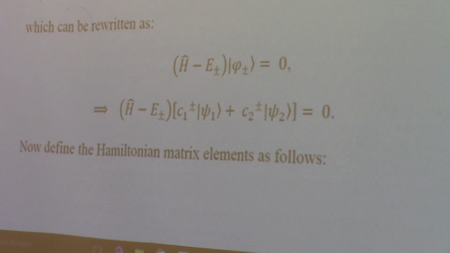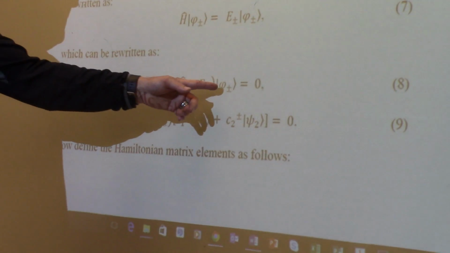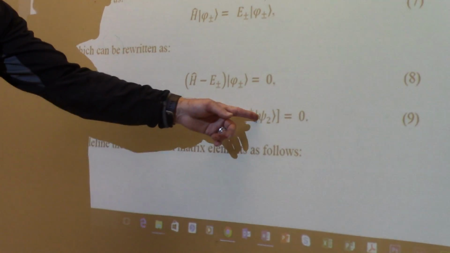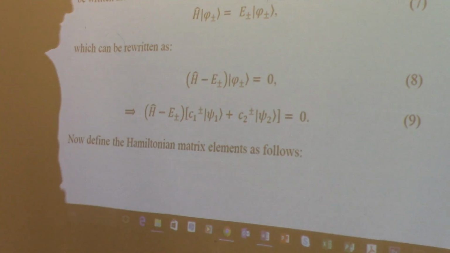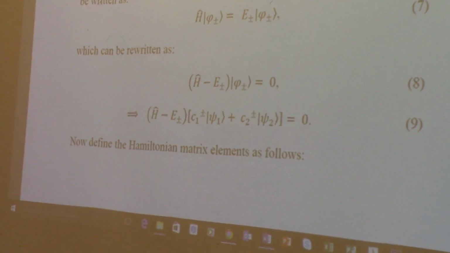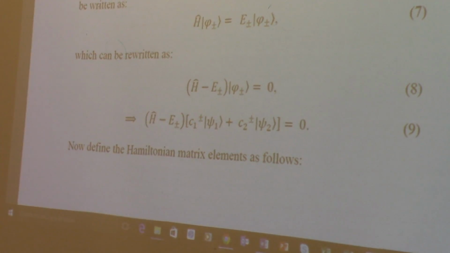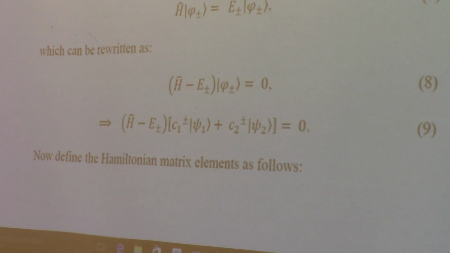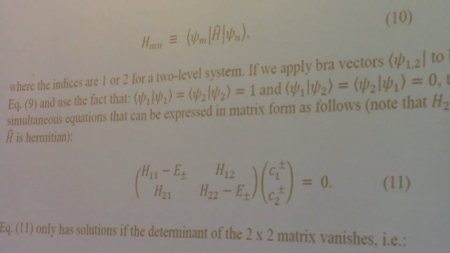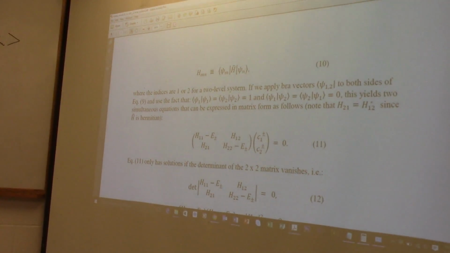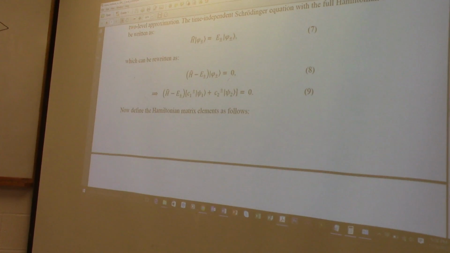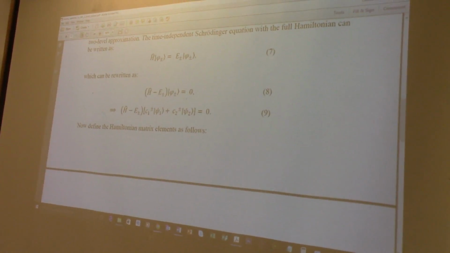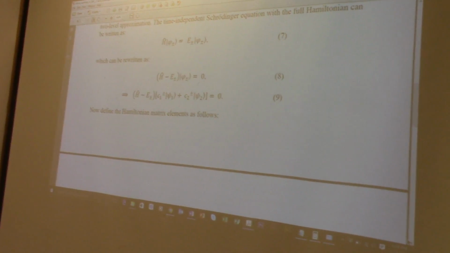And so now, in terms of the original basis states, that would be something like this. And now I say, okay, let's express it in matrix form. Okay, here's where I write down the matrix elements for the Hamiltonian.